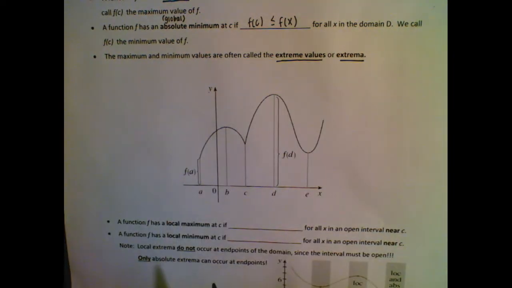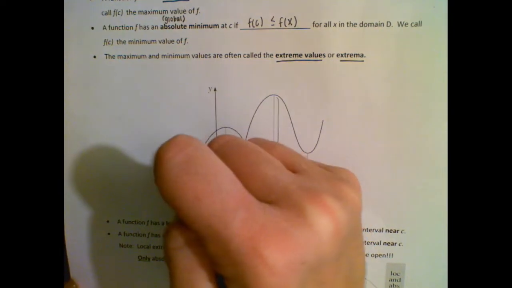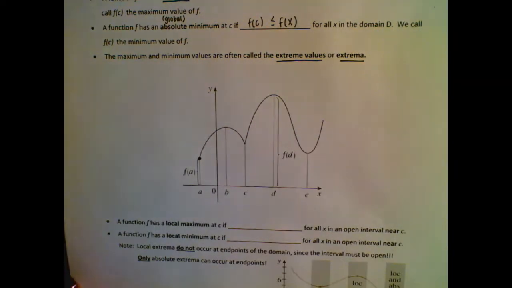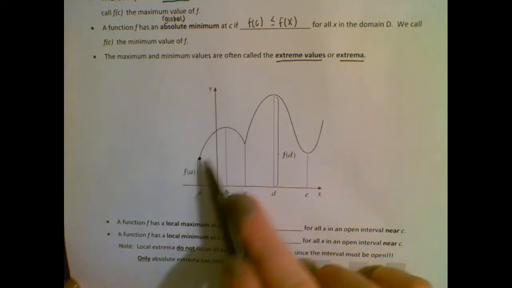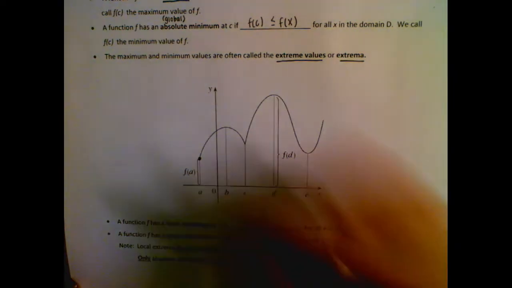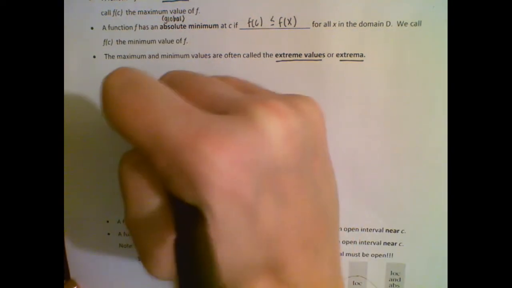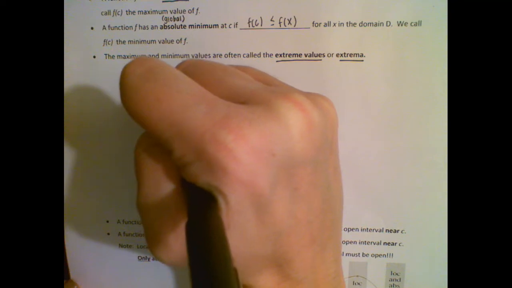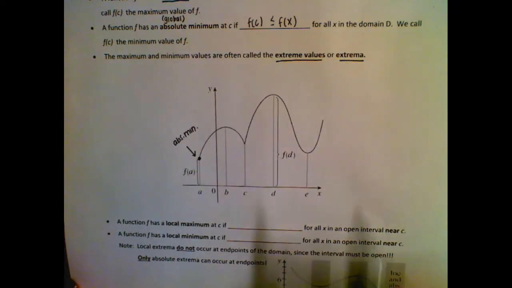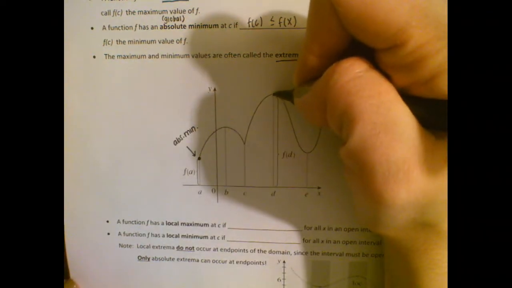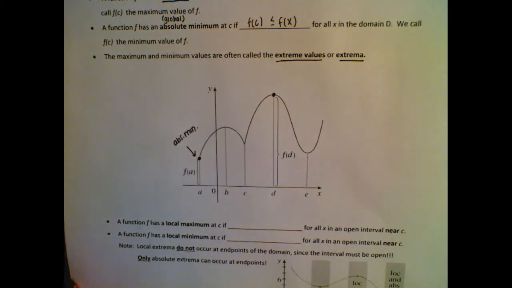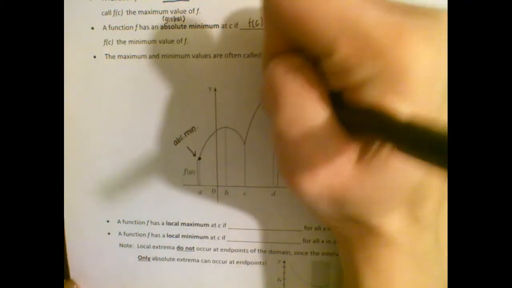The absolutes are the really, really low point on the graph or the really, really high point. On this graph, f of a is lower than all of the other points, so this is our absolute minimum. And this point at x equal to d would be our absolute maximum because it's higher than any other point on the graph.